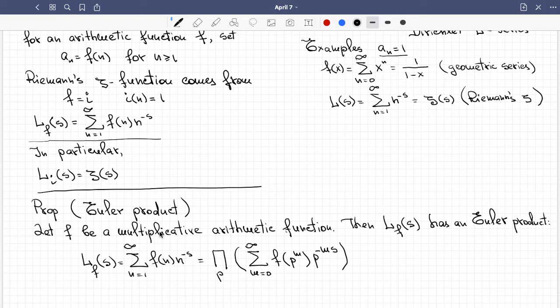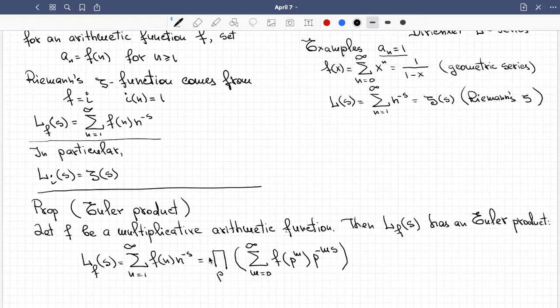Indeed, here we have only one infinite operation. This is infinite summation over n, while here we have two infinite operations. We have infinite summation over m from 0 to infinity, and we have a product over all primes.